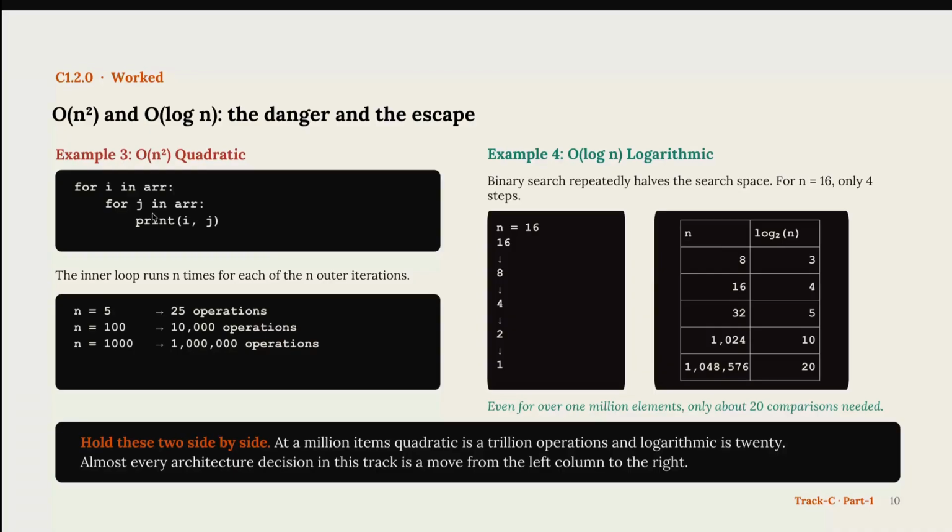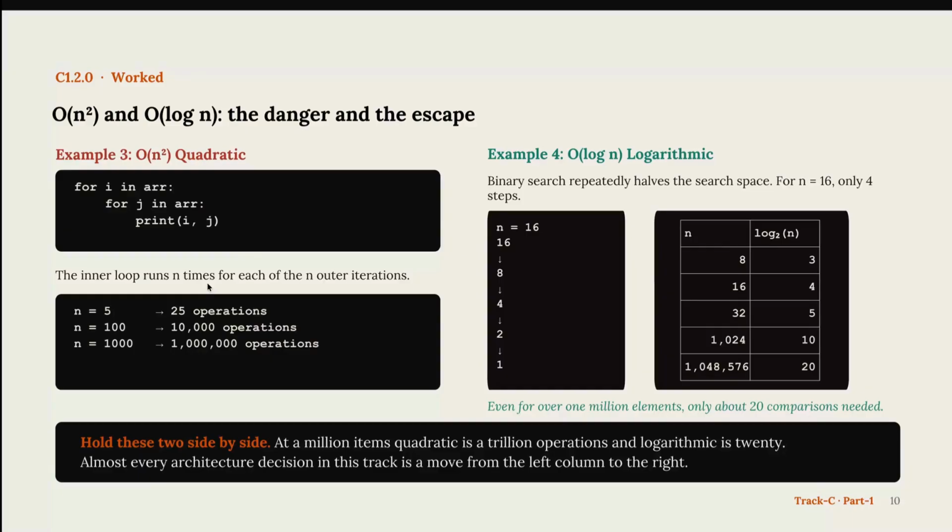So the inner loop runs n times for each of the outer n iterations. So suddenly the number of operations is growing. In the previous one, we saw it's just 5, 10, 500 and 1000 operations because it was linear. But now since you're trying to compare, it's 25, 10,000 and 1 million operations.